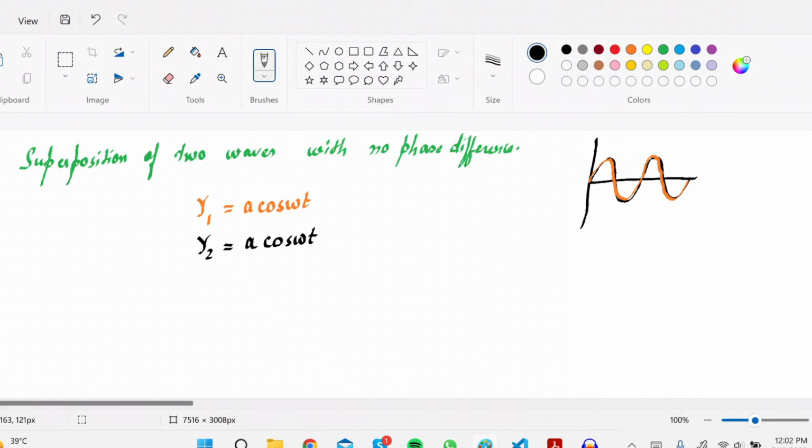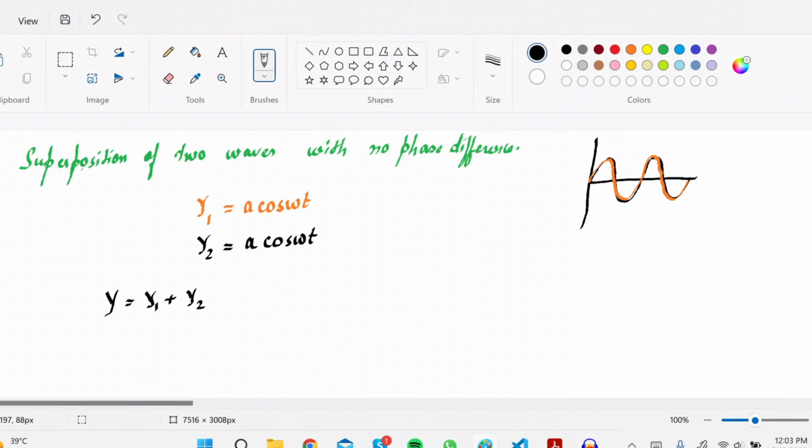So according to the superposition principle, the net wave function will be y1 plus y2. We will add. Let me repeat from 11th standard the proper definition of the superposition principle: the net wave function will be equal to the sum of the individual wave functions.